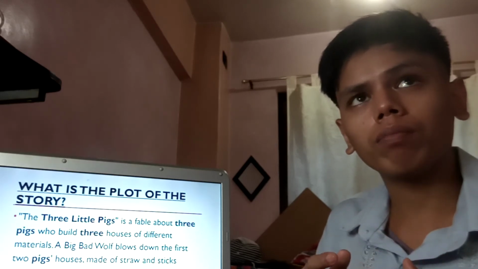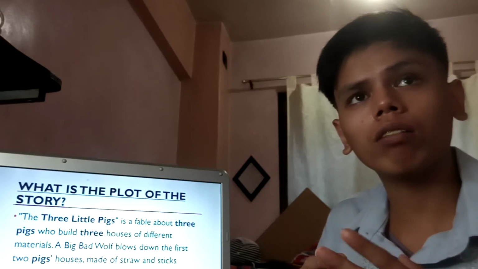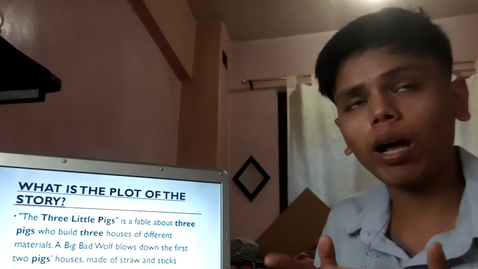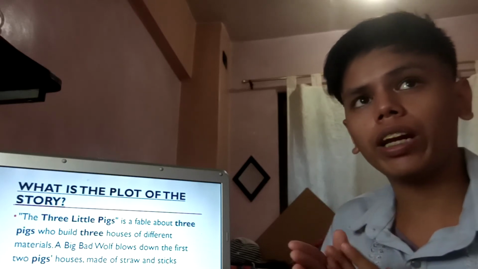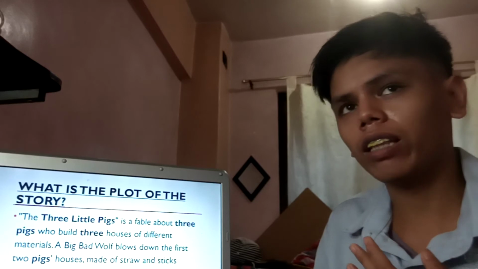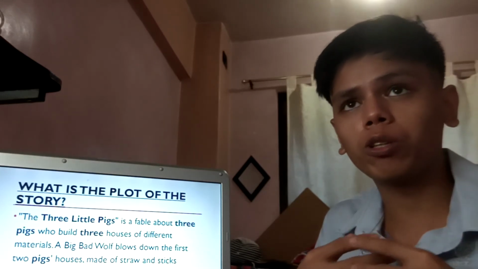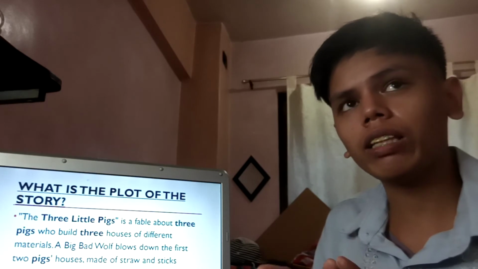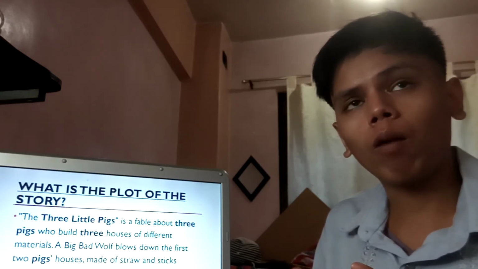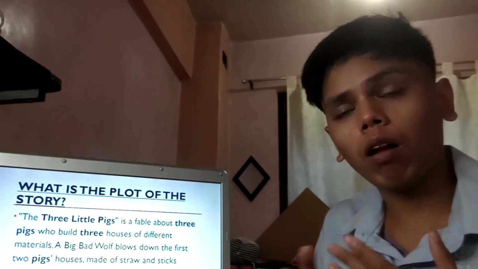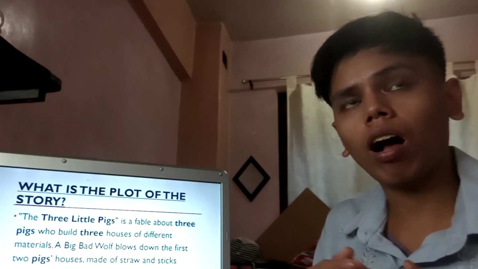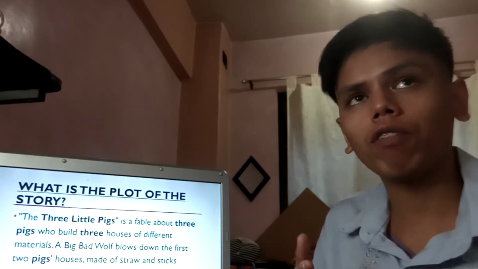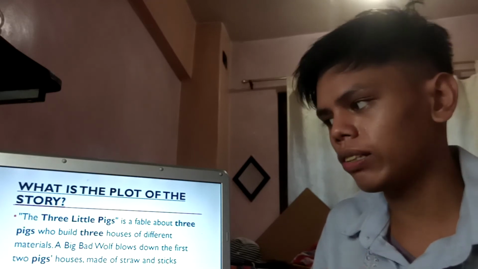The wolf was able to destroy the houses of the first and second little pig, which were built with straw and sticks, because the materials used in their houses are very light, and that's why the wolf was able to destroy their houses and eat the two little pigs, while the third little pig was able to survive from the wolf because his house has a very strong foundation, because it is built with bricks, and the wolf wasn't able to destroy his house. Okay.